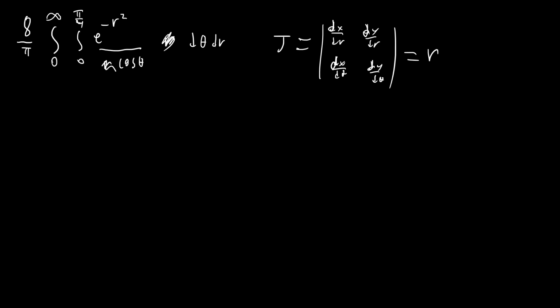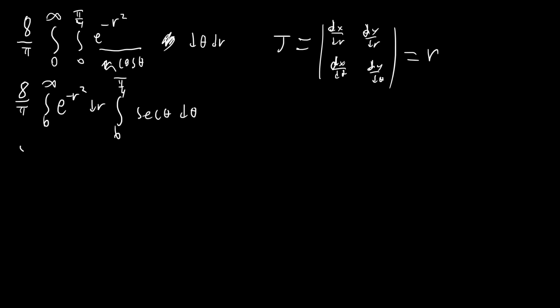And so we can separate these integrals, and we will get 8 over pi times the integral from 0 to infinity of e to the negative r squared dr times the integral from 0 to pi over 4 of secant theta d theta. So we're going to get square root pi over 2, of course, for our Gaussian integral.